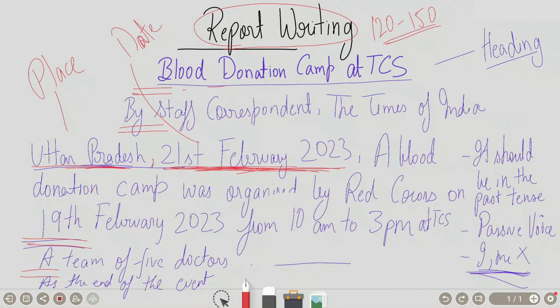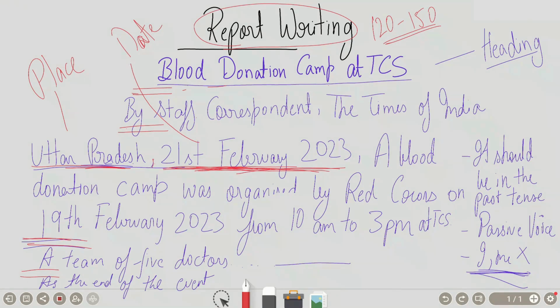Then you will start writing the report. A blood donation camp was organized by the Red Cross Society on 19th February 2023, 2 or 3 days prior to the report writing, from 10 a.m. to 3 p.m. We can write the specific details at TCS, and then you will write the introductory paragraph.